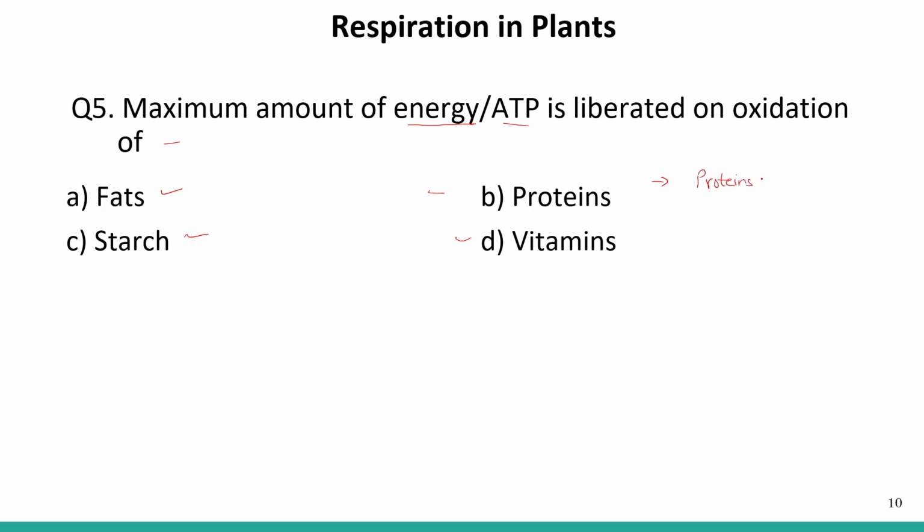Protein yields around 4 kilocalories of energy per gram, and carbohydrates also yield around 4 kilocalories per gram. Starch is a carbohydrate.